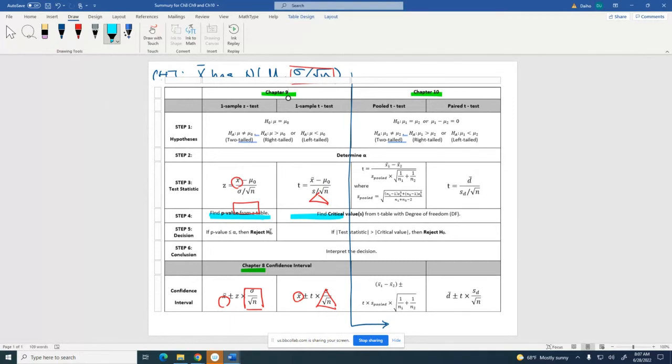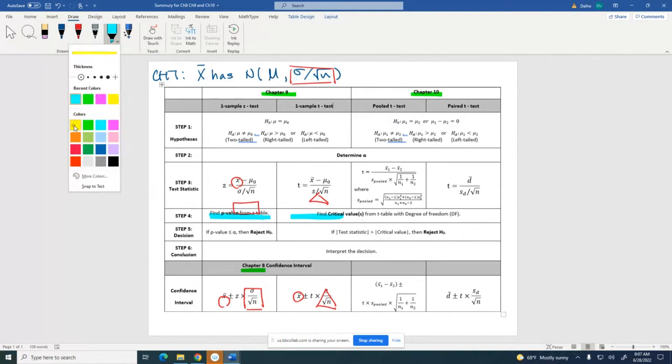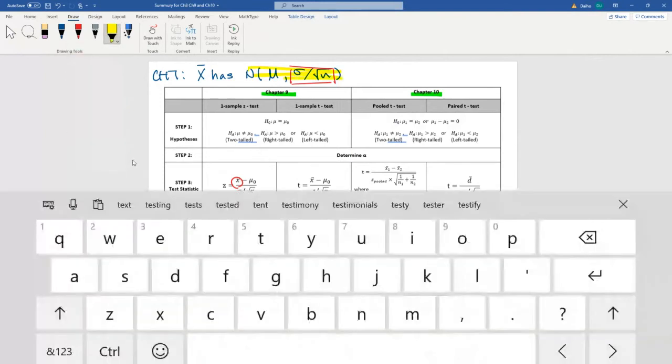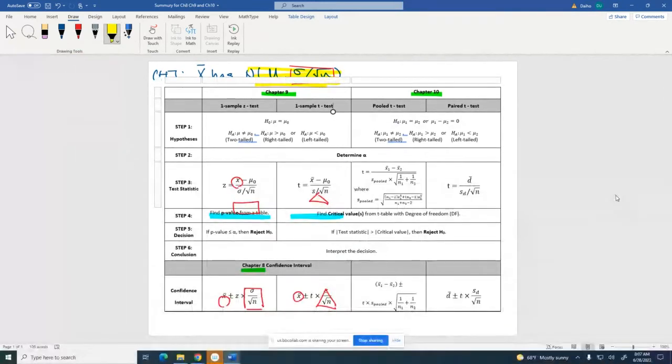So please remember chapter 9 and chapter 8 together. It's everything from the normal distribution, from the sampling distribution of the sample mean. It's from chapter 7.